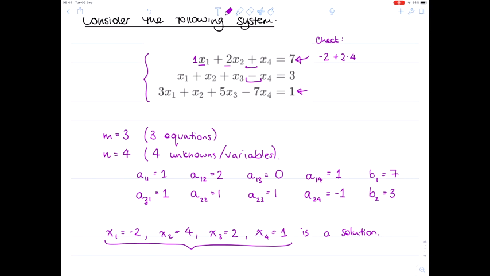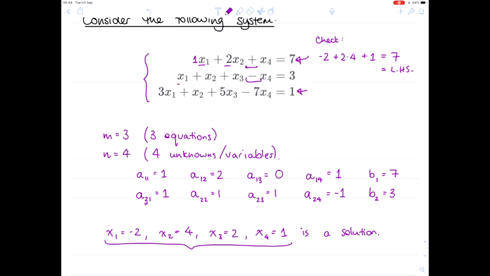I don't actually have x3 appearing, so that doesn't matter. And then I've got plus x4. And let's check what this equals. That's minus 2 plus 8, so that's 6 plus 1 is 7, which equals the right-hand side.